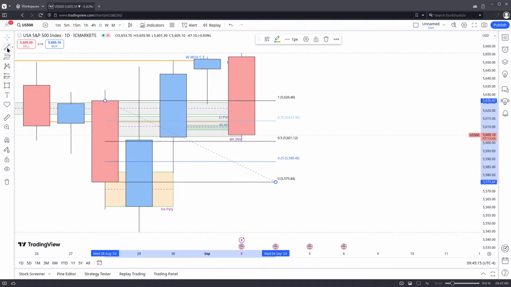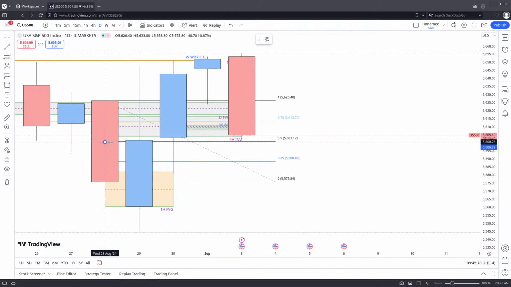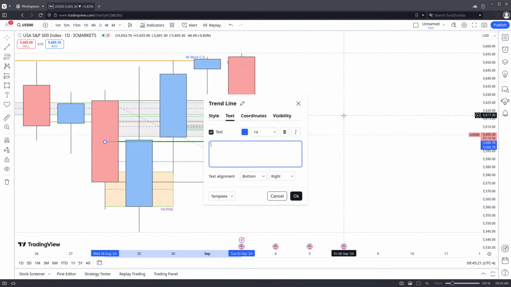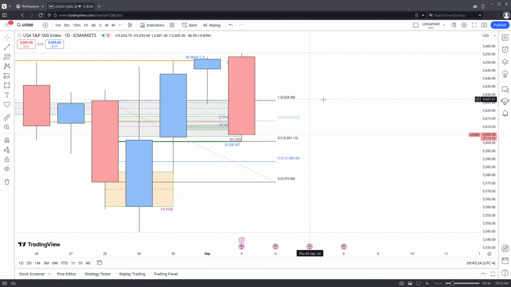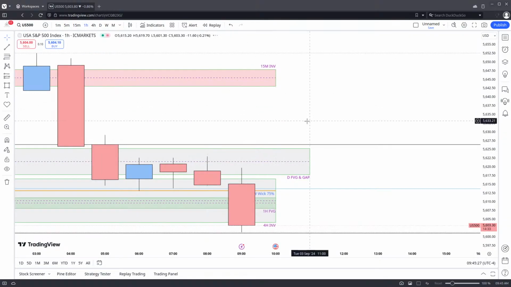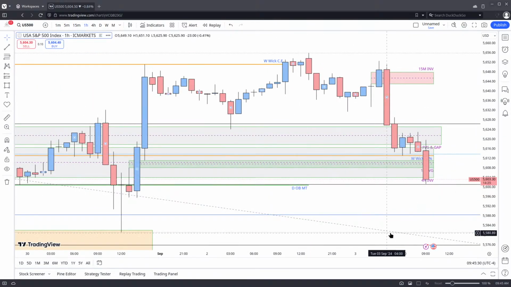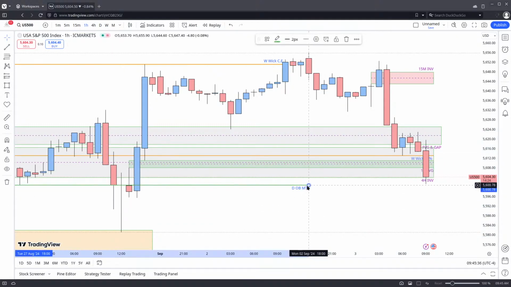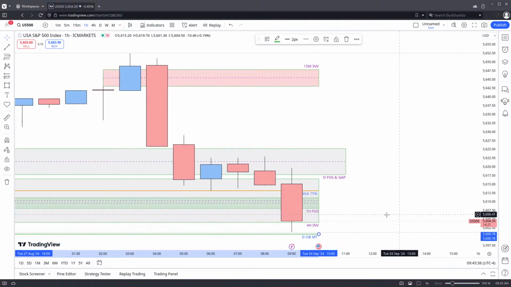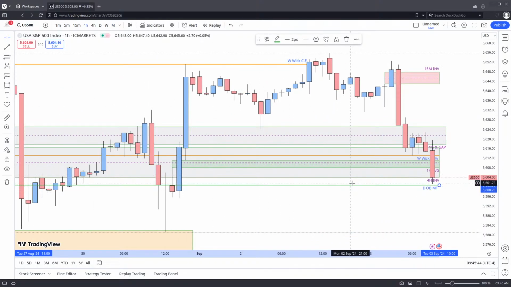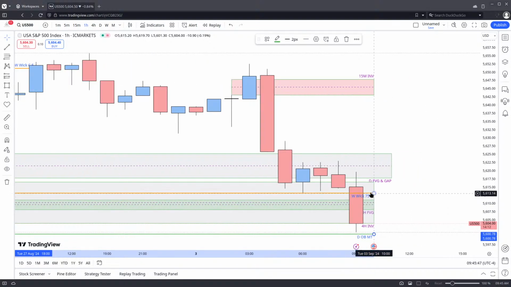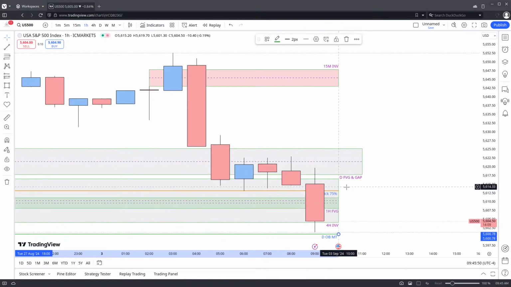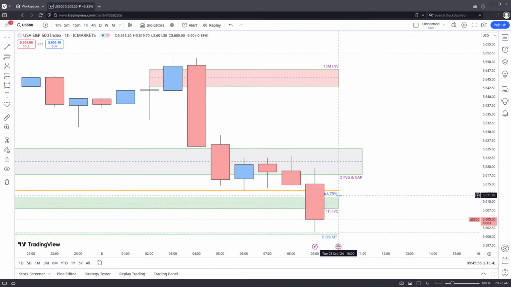Look at the mean threshold of this. Get rid of this fib. Okay, so we didn't trade into it, but we are inside of that daily order block. Let's get rid of this. Where did I get that?